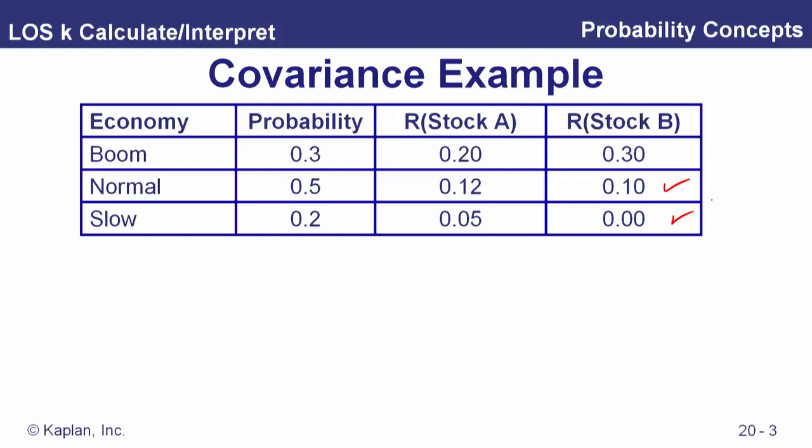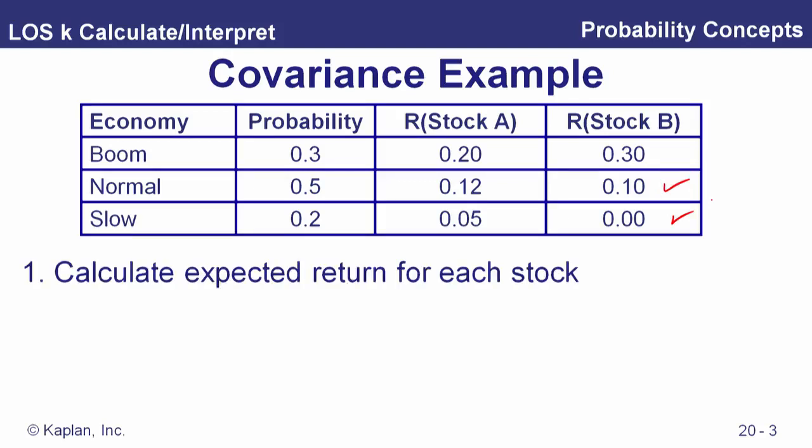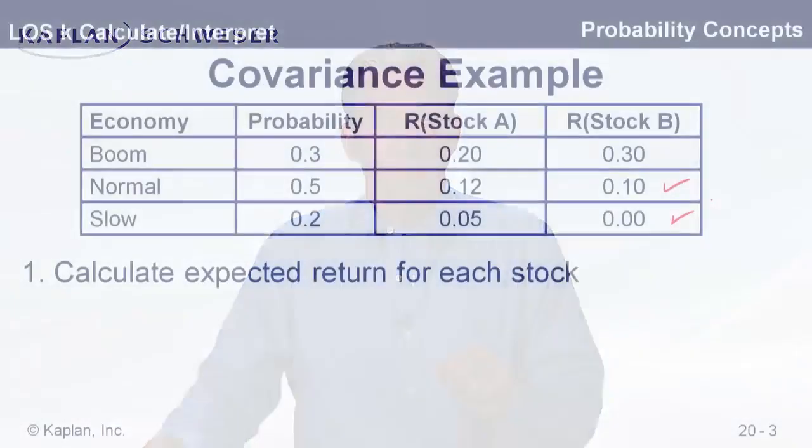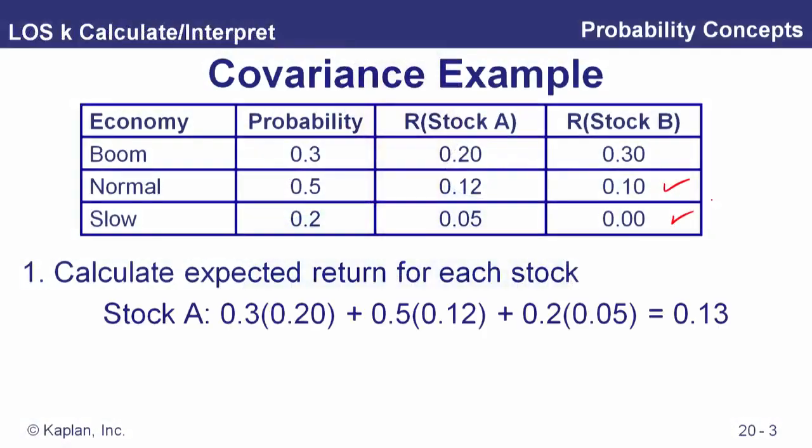So that's our model. So first step, calculate the expected return for each stock, because remember, our terms are going to be how far is each outcome from its expected return. So for stock A, we've got 3 probabilities and 3 possible outcomes. We calculate the expected value, 13%.